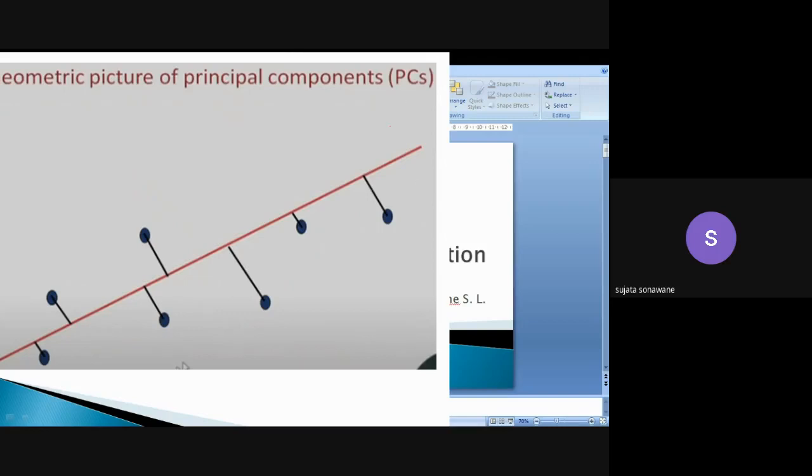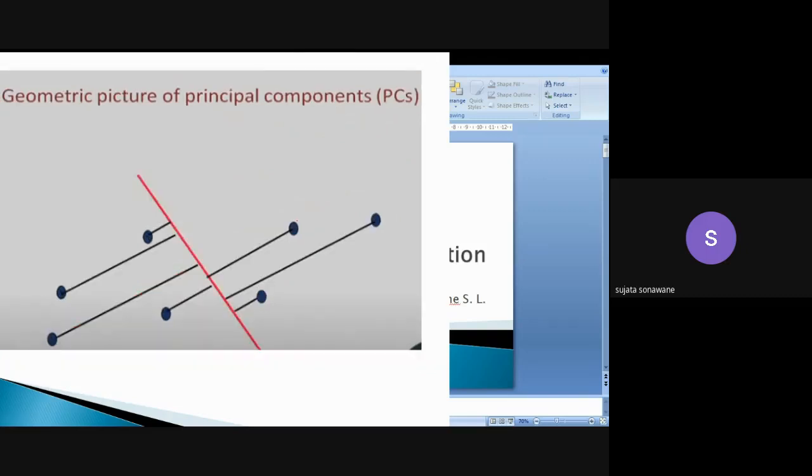So here we can see that the distance between this point and the axis is the minimum over here. Okay, and here you can see, what is this distance? This distance is very large, right?